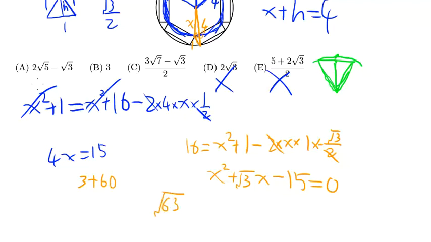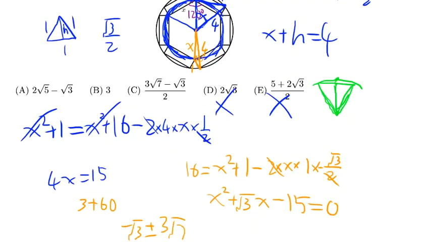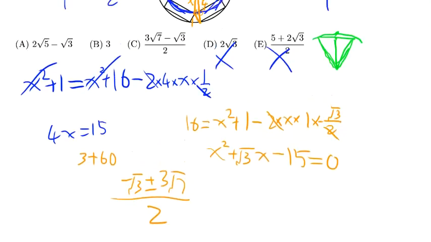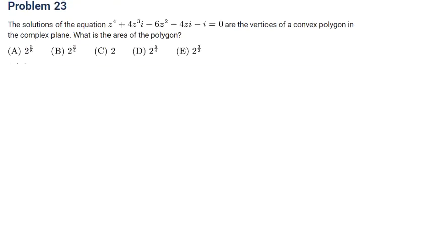This is root 63, which is just negative root 3 plus or minus, divided by 2. Now, do we have an answer for that? Yes, we do. Oh, in fact, we're using the plus here. The plus for us here. So yeah, it's C. We pick C.